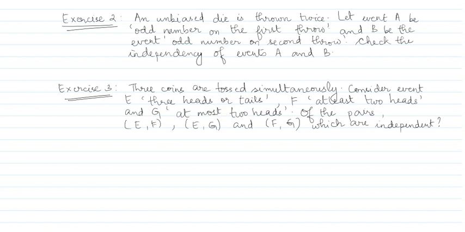So you can consider all possibilities where you have no heads, where you have 1 head, and where you have at the maximum 2 heads. Now you are asked to find of the pairs of events EF, EG and FG which are independent.